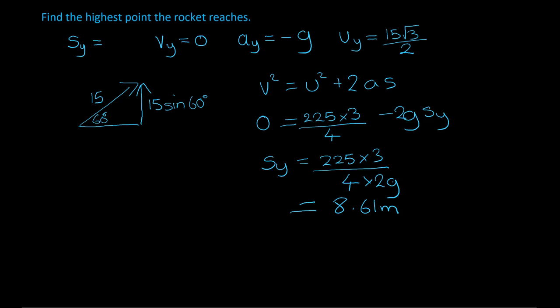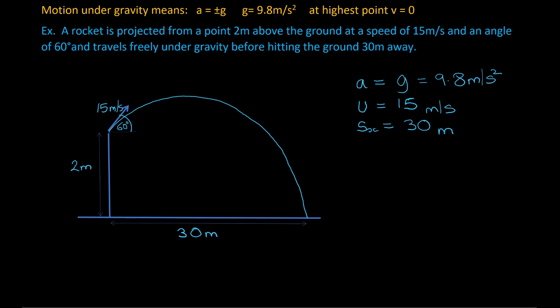I'm going to go back to the original diagram to explain why not. We've just calculated sy, but that is in relation to where it's set off from. So what we've calculated is this distance here, whilst we want the full distance from the ground to the top. So we need to add the 2 meters on to get the full distance.